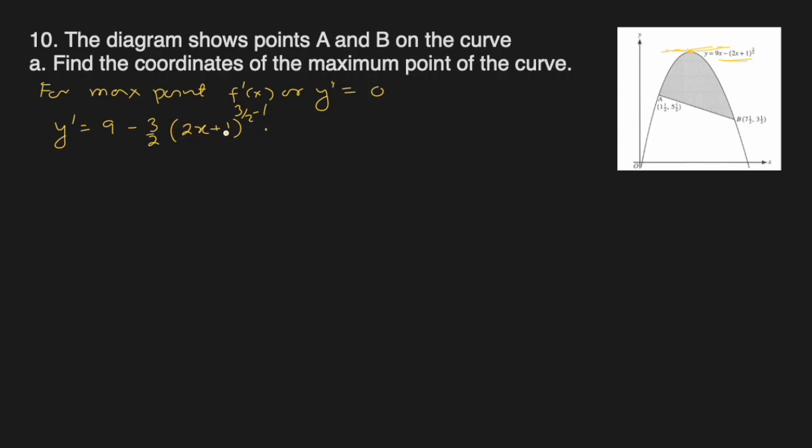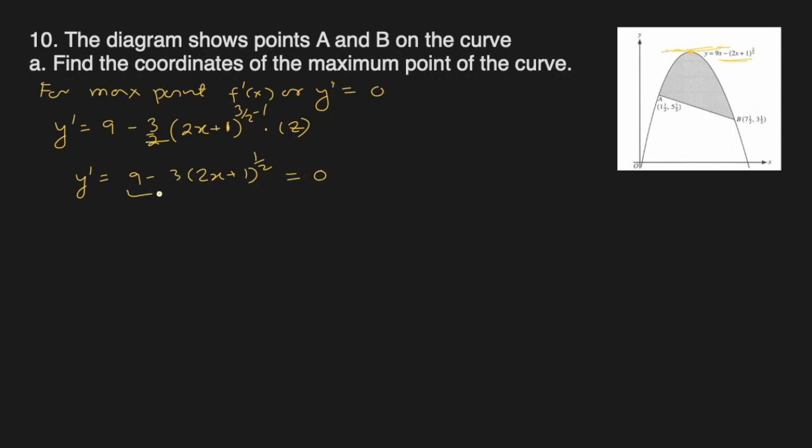The differentiation of 2x plus 1 is just 2, because the differentiation of 1 is 0. This 2 and this 2 can cancel, so y prime is 9 minus 3 (2x plus 1) to the power half. This is the first derivative, and we have to make it equal to 0.